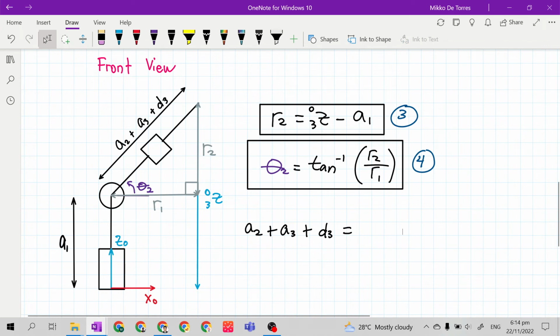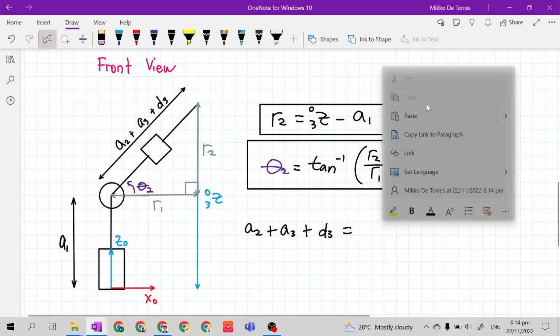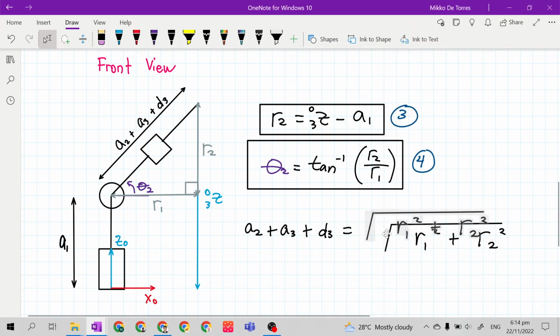is equal to the square root of R1 squared plus R2 squared. Okay, this is square root. What we need is the d sub 3.